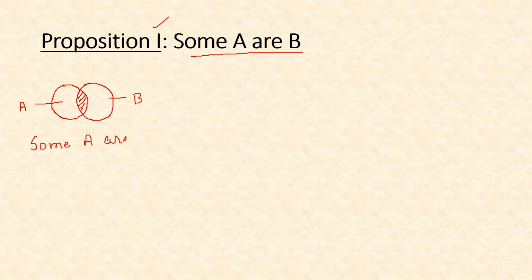Some A are not B. So if it is given like some A are not B, then also we can draw it like this. And if it is given some A are B, then also we can draw it like this.